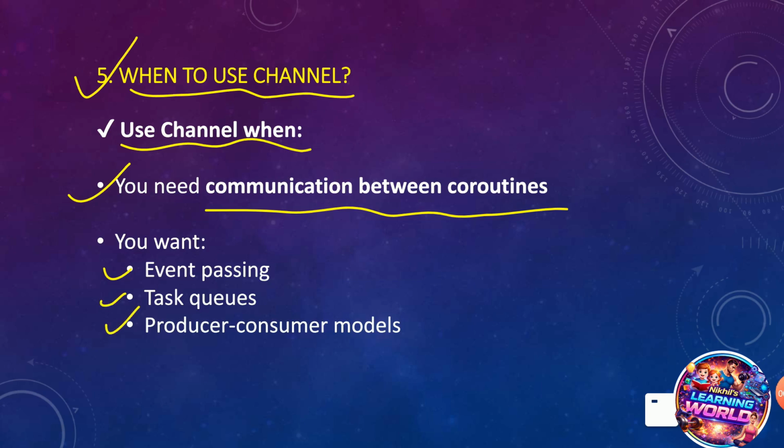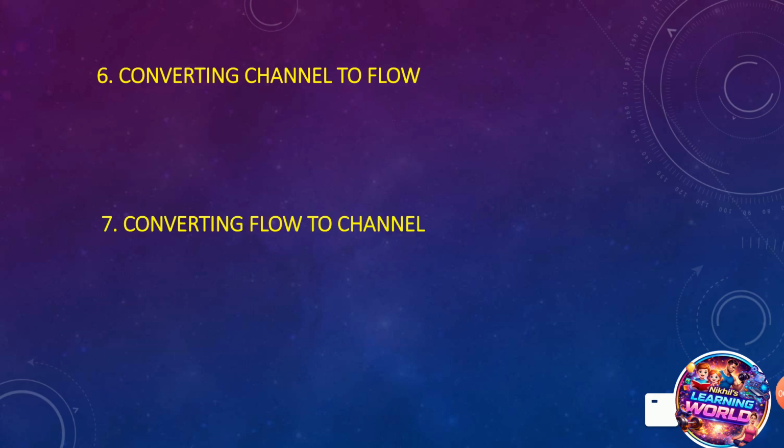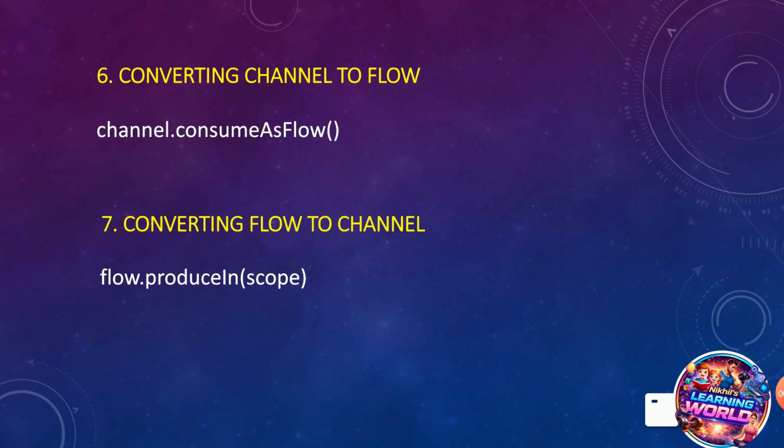Converting Channels to Flow: you can convert your Channel to Flow by using channel.consumeAsFlow. It will convert your Channel into a Flow, and vice versa you can convert a Flow into a Channel. So you can do flow.produceIn(scope). In this way you can convert vice versa.